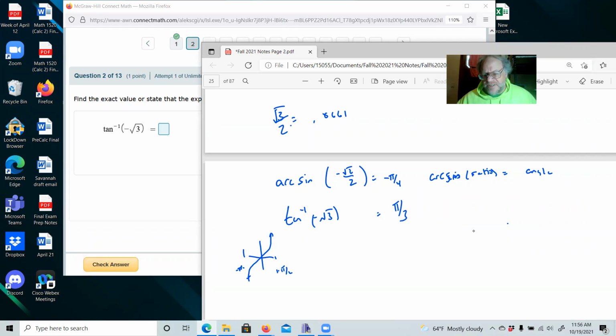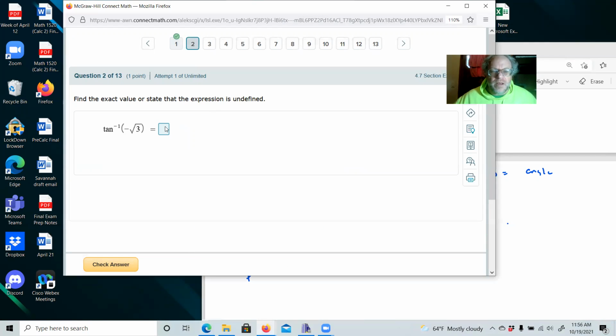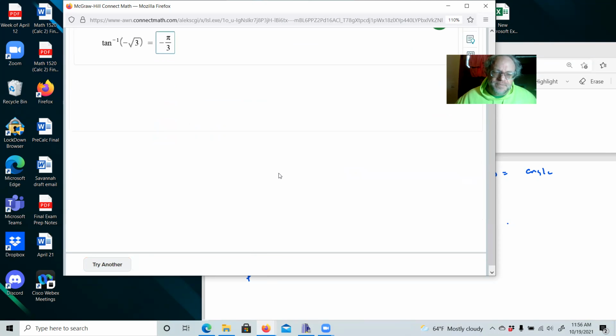So inverse tangent is going to give you a quadrant 4 or a quadrant 1 angle. Since it's negative, we have to pick quadrant 4. So we're going to go with negative pi over 3. All right.